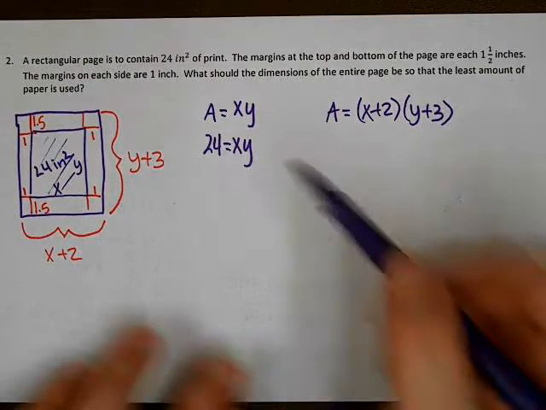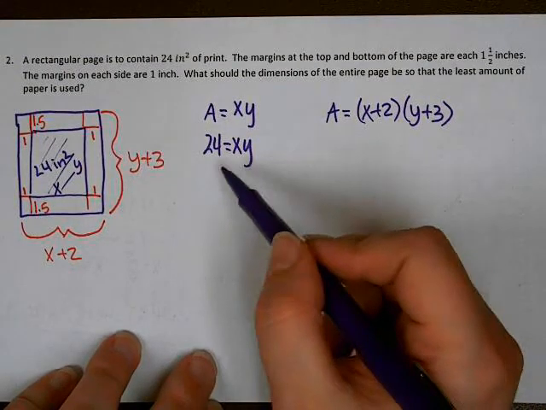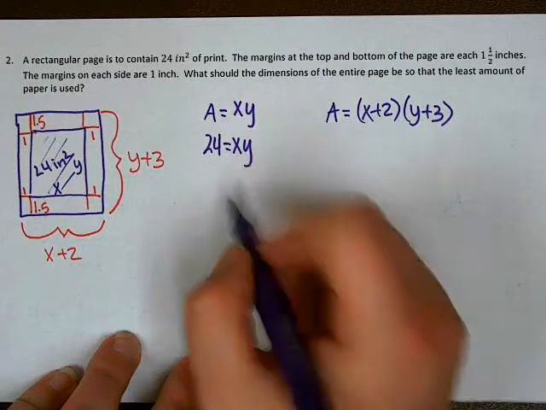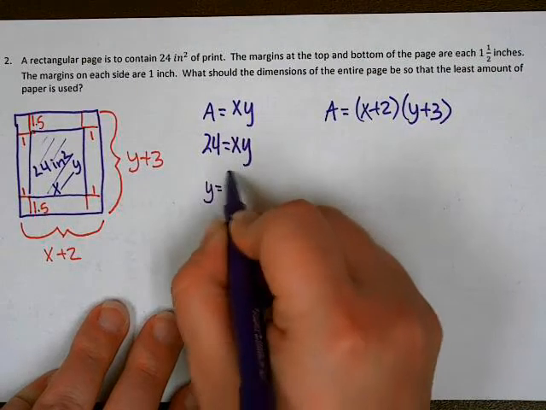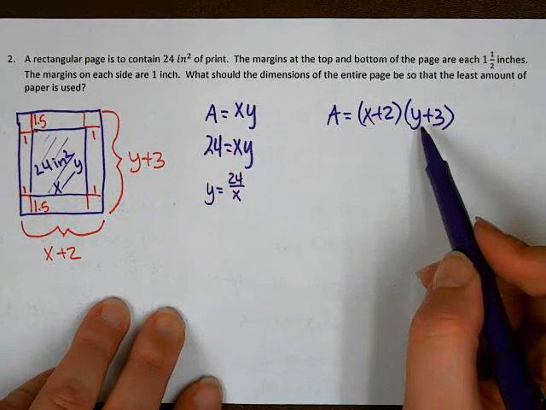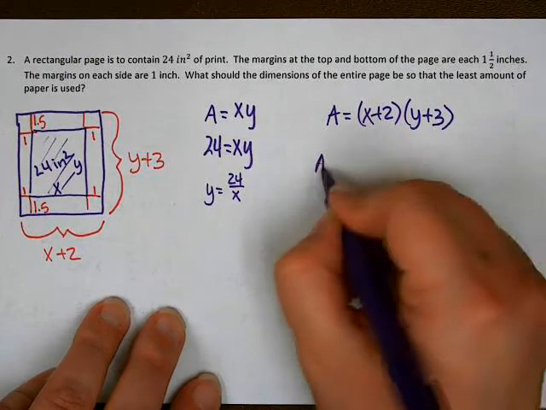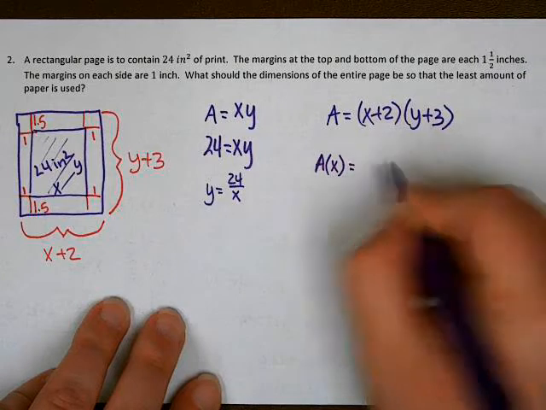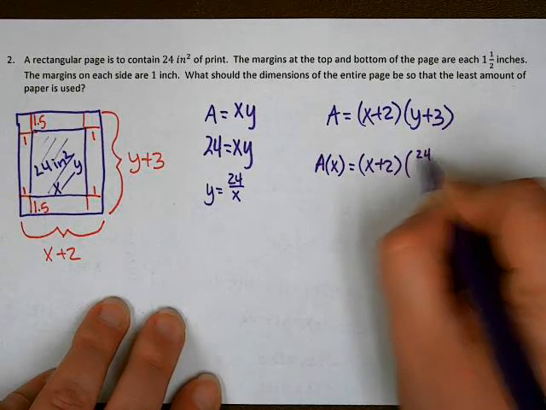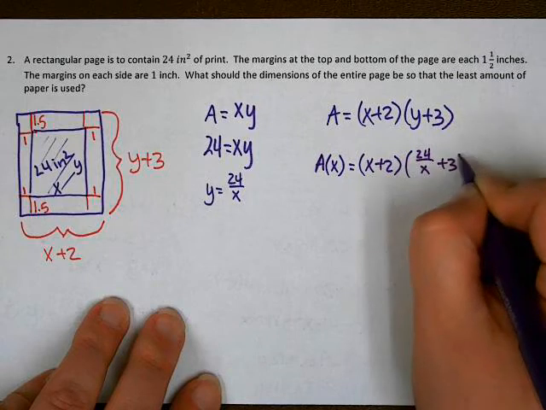All right, so let's go ahead and solve for one of these variables. So I think when I did it, I solved for y, and I said that y is equal to 24 over x. So I'm going to go ahead and take that and substitute it in for y. So now my area, all in terms of x, is x plus 2 times 24 over x plus 3.